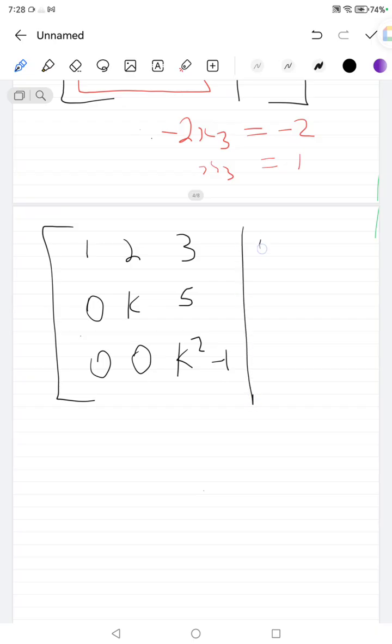This side you had your 4, then your 6, then your k plus 1. Something like this.